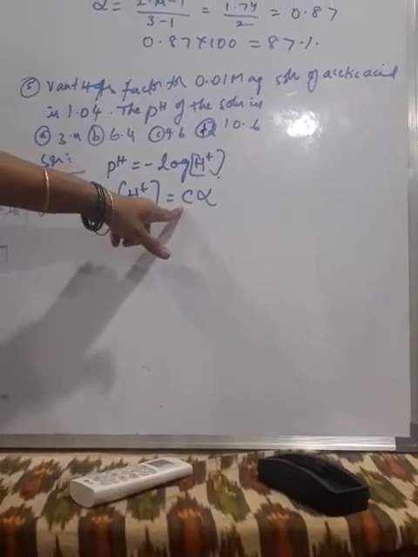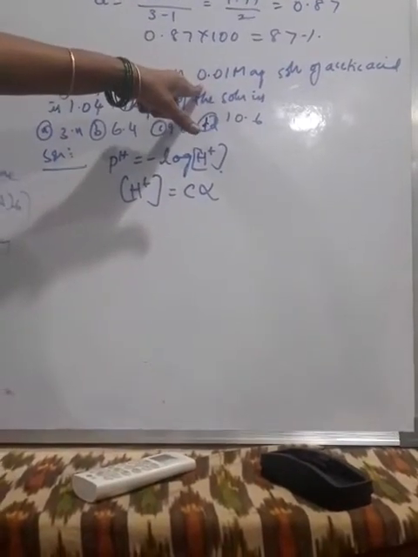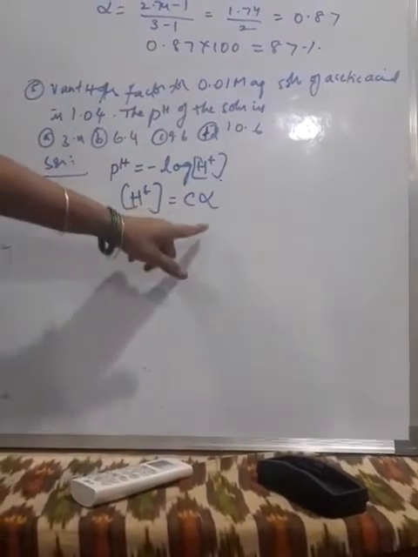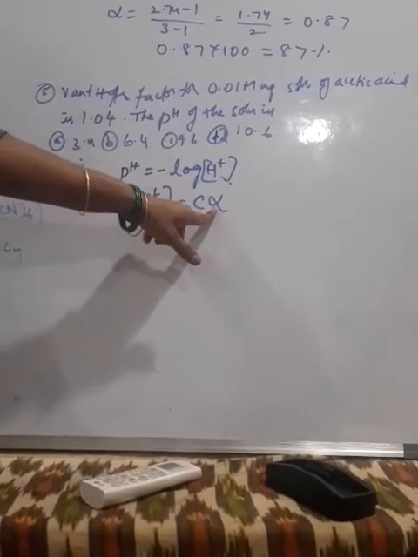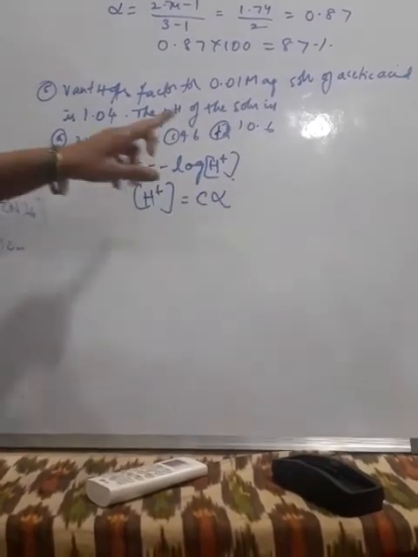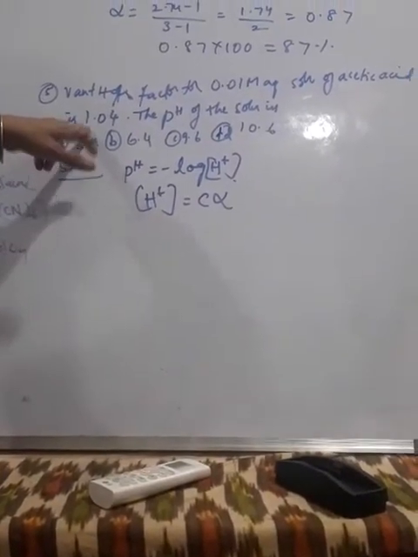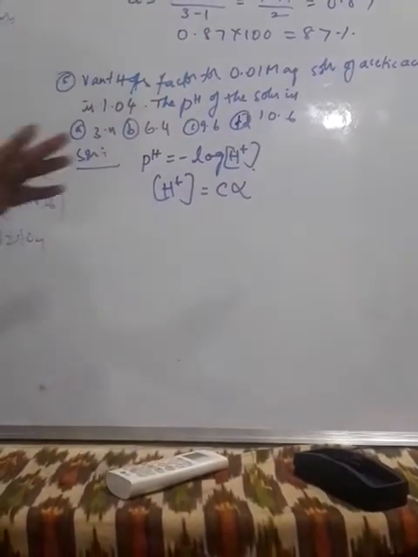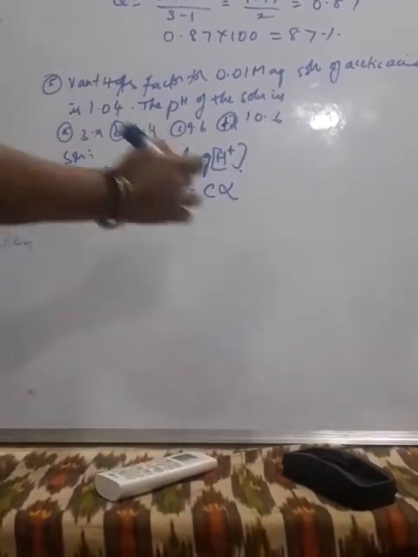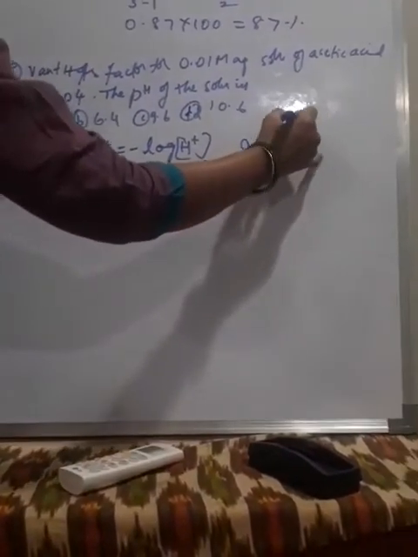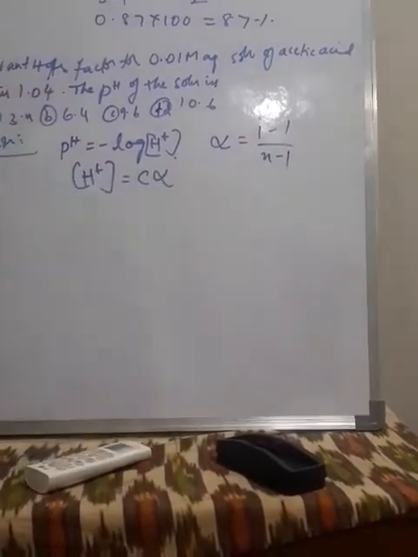Concentration. So concentration is 0.01 m. And alpha is degree of dissociation. Here i factor is given. From i value we can calculate the degree of dissociation. So alpha is equal to (i minus 1) by (n minus 1).